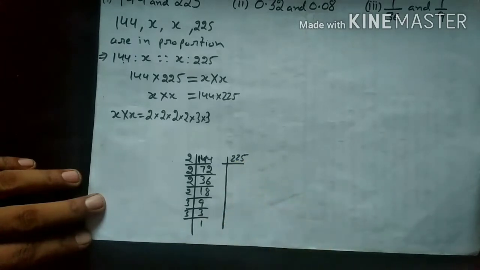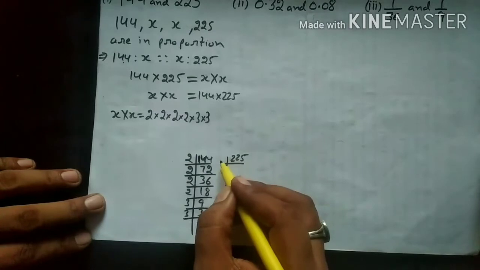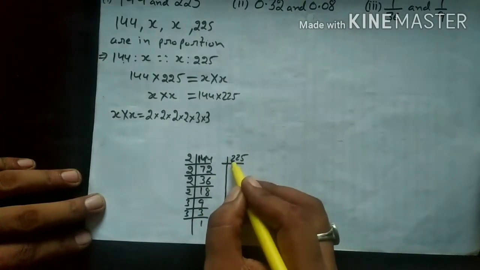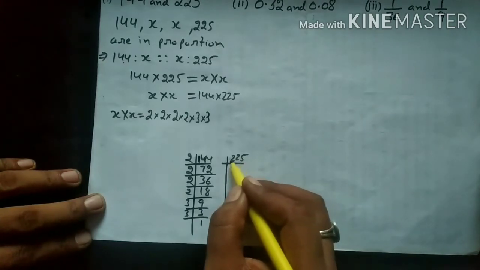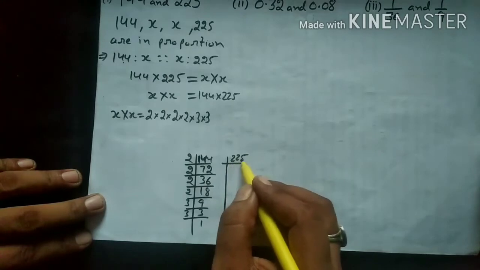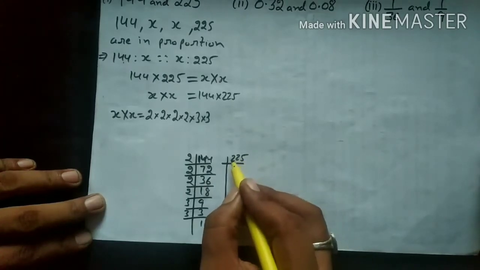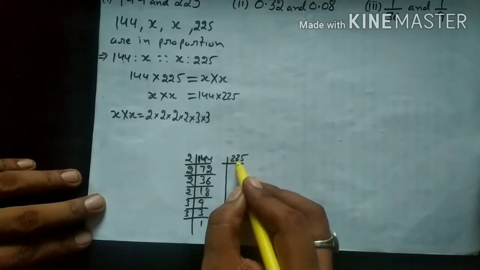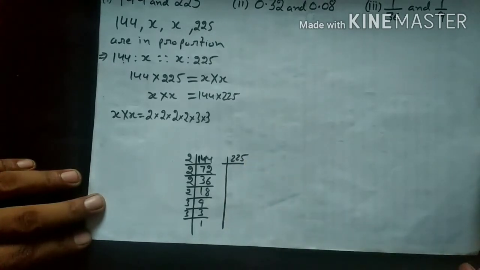Now 225. As we know, 225 is divisible by 5. But firstly I will check whether it is divisible by any prime number less than 5. It is not divisible by 2. It is divisible by 3, because if you add the digits, 2 plus 2 is 4, 4 plus 5 is 9, and the sum of the digits is divisible by 3.